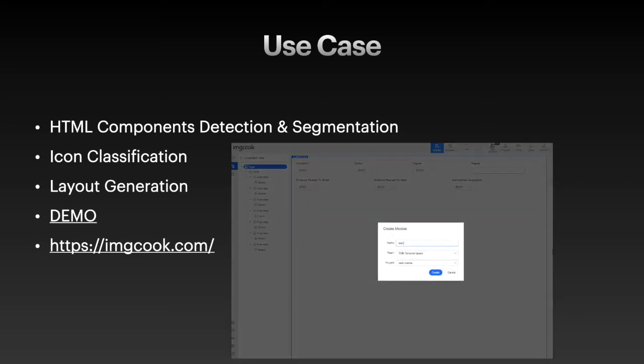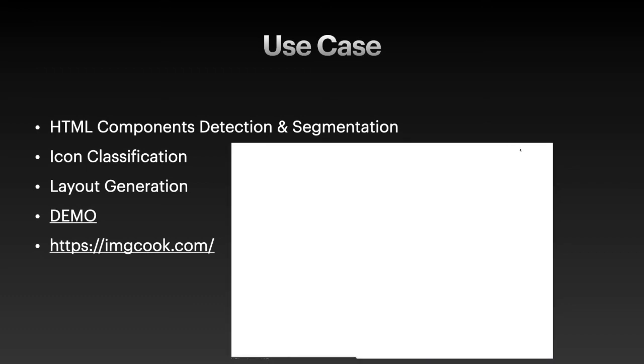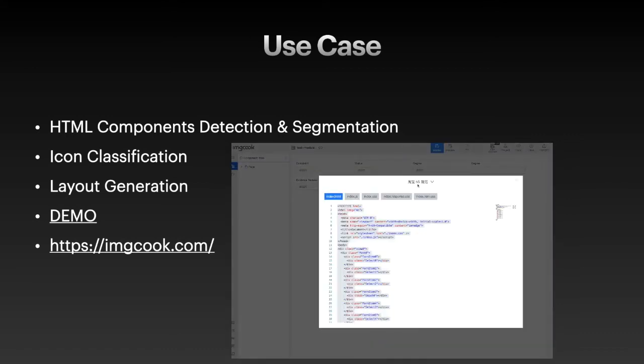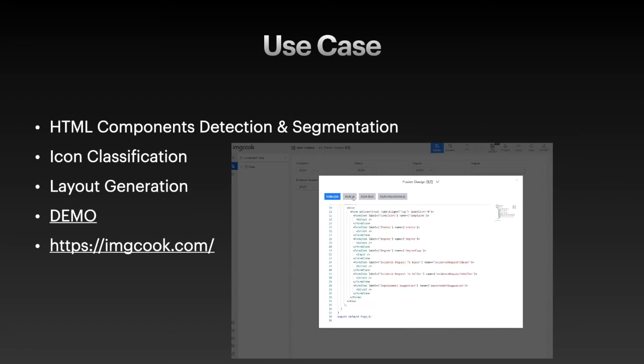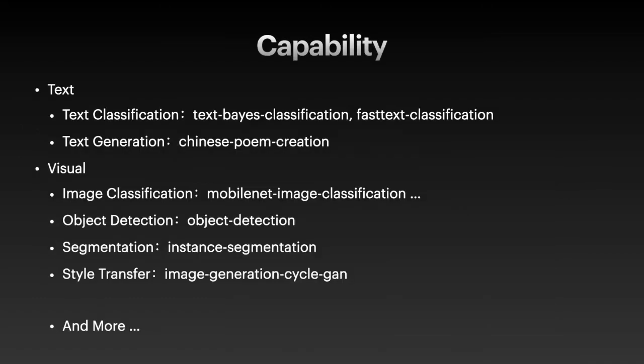And here in the demo, we feed a screenshot of a form table. And after a few seconds of processing, you can see from the screenshot that we get the code directly from the screenshot.